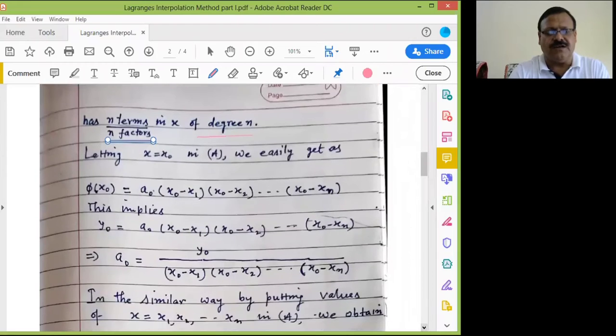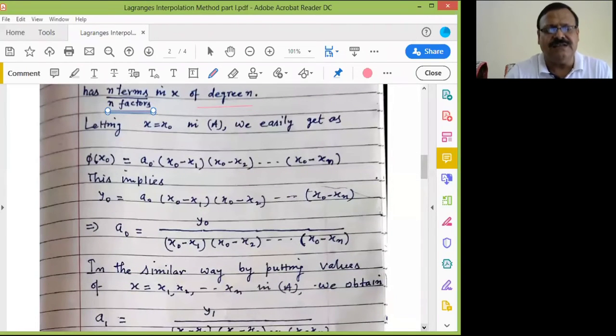The next point is the similar procedure as we have done in almost all derivations and interpretations of interpolation methods. Letting x equal to x naught in A, we easily get y x naught on the left hand side. A naught has no x naught, so only this term containing these factors will remain.